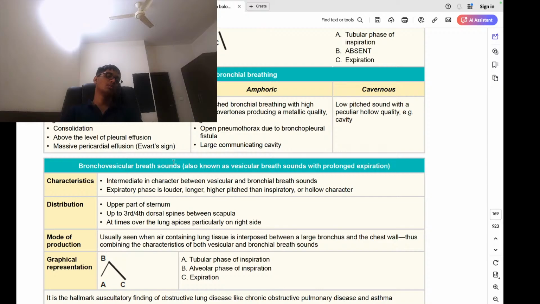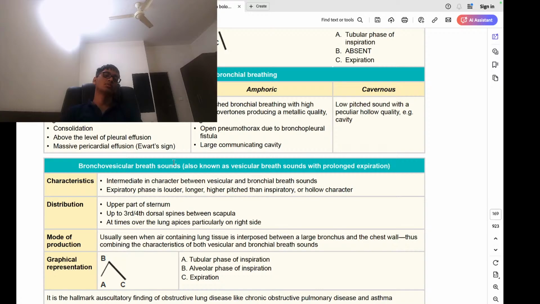So tubular has a high pitch sound from the bronchioles conducted to the chest wall without modification. Consolidation and massive pleural effusion are seen. Amphoric is low pitch bronchial breathing with high pitch overtones producing a metallic quality, seen in pneumothorax due to bronchial fistula and a large communicating cavity.